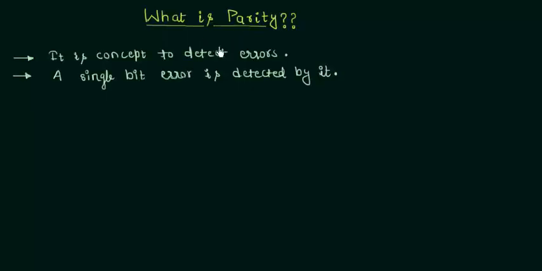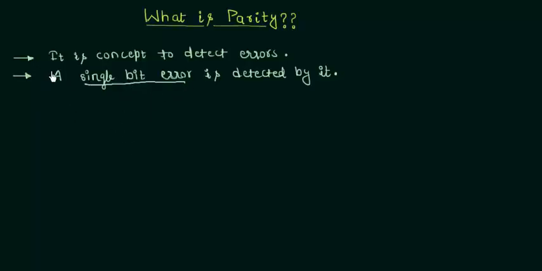So parity is one way to detect errors, and it is only for the detection of a single bit error. Okay, a single bit error is detected by it. If there is an error in 2 or more bits, then definitely the parity is not going to tell you about the error, because it is only for a single bit error.